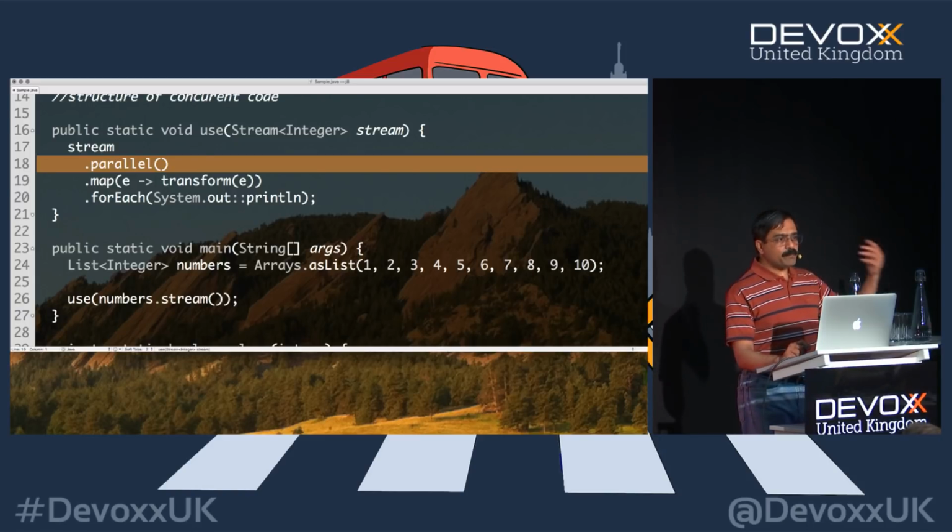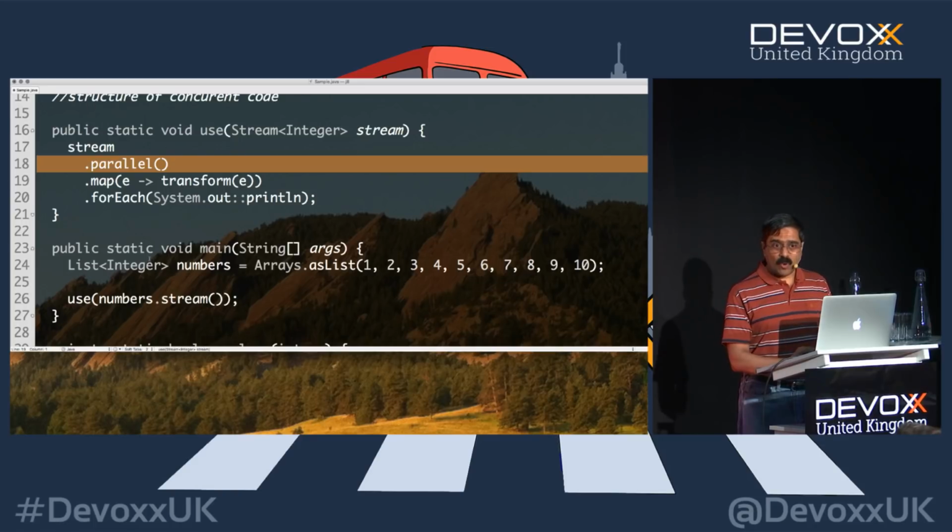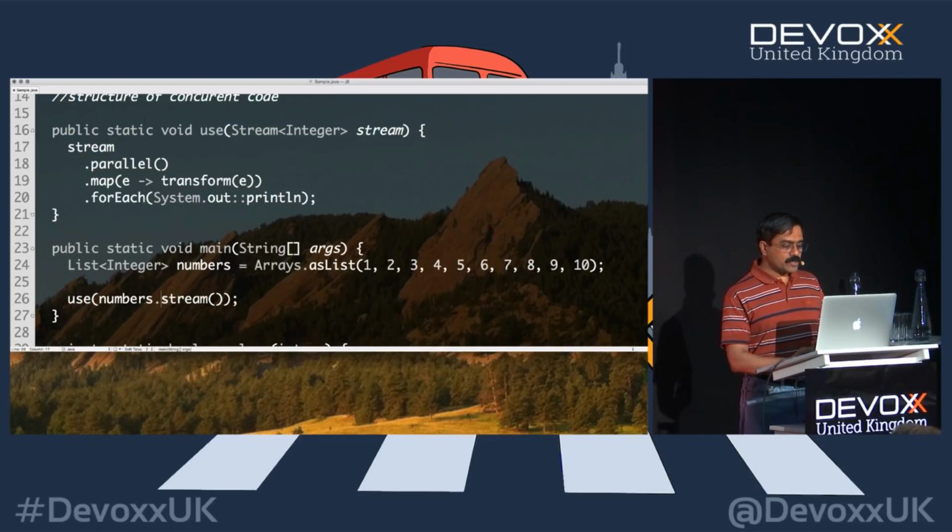So rather than calling parallelStream, you can also call the parallel method to run the entire stream in parallel. So if you're at the source of the stream, use the method parallelStream. If you're not at the source of the stream, but you're somewhere after the stream has been created, you can use the parallel function to run it in parallel.